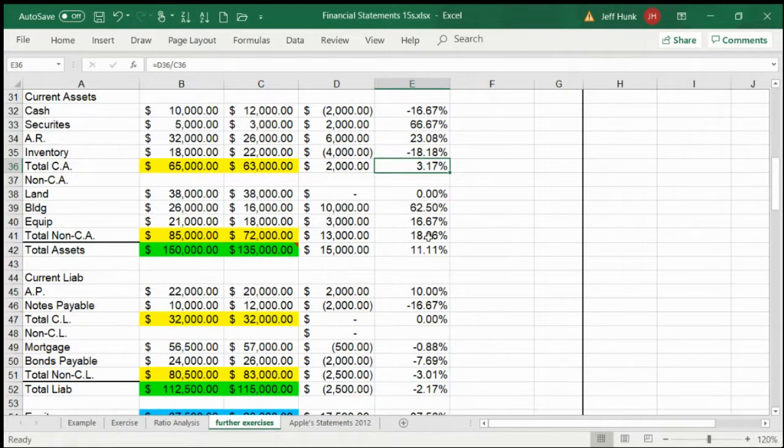Your production capacity increased by 20%. 20% increase in production capacity means your output will increase by 20%. 20% increase in output means 20% increase in sale, right? Sales revenue. 20% increase in sales revenue also means you are increasing your market share by as much.